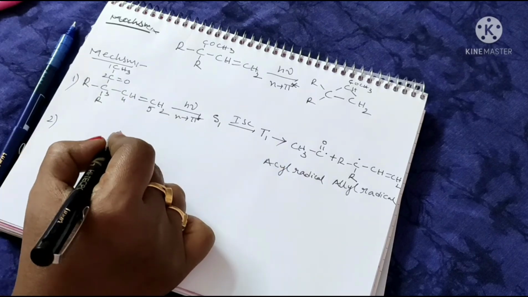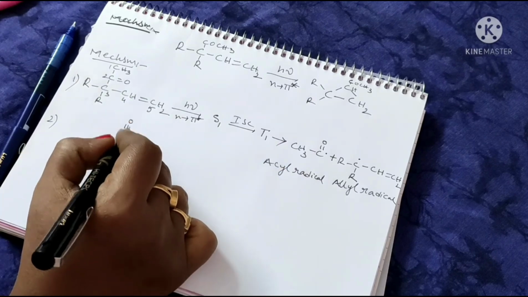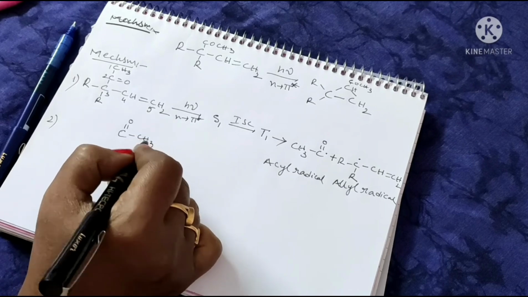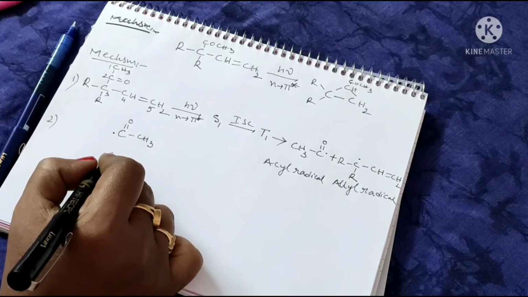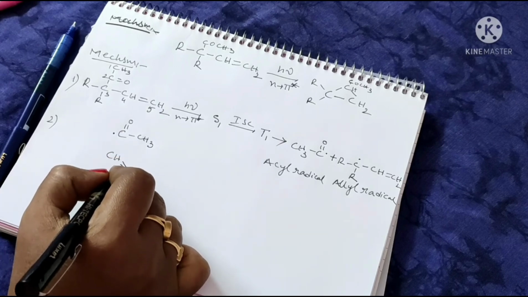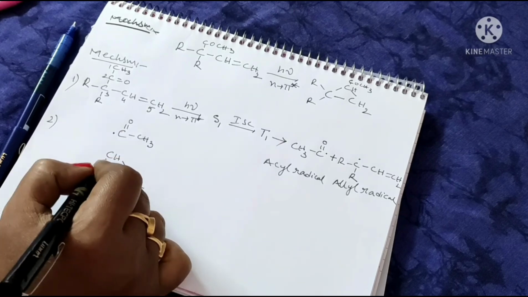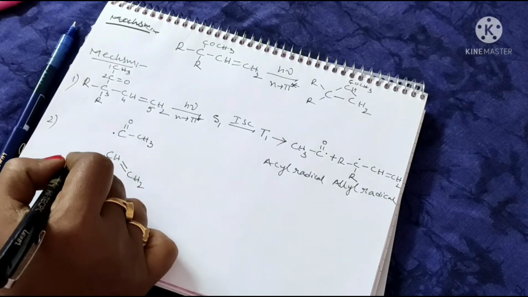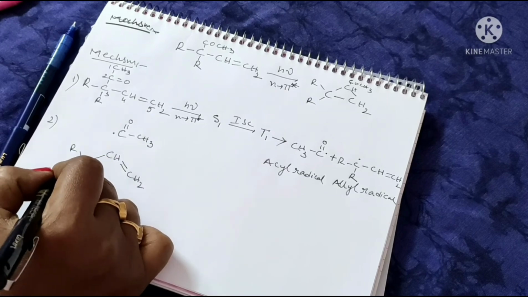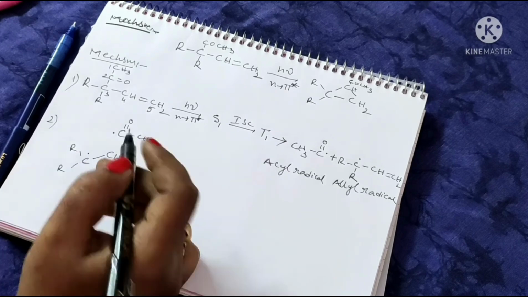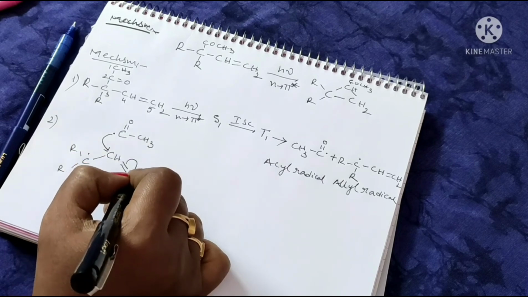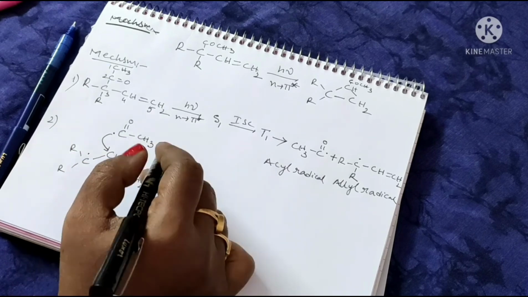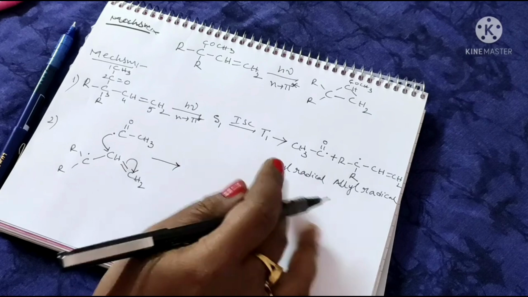So that is how it is formed. Let us explain. C=O, CH3 carries a radical, and the CH=CH2, CR2 part carries a radical here, right? When this radical is attached to this carbon, the electron shifts towards this carbon atom.